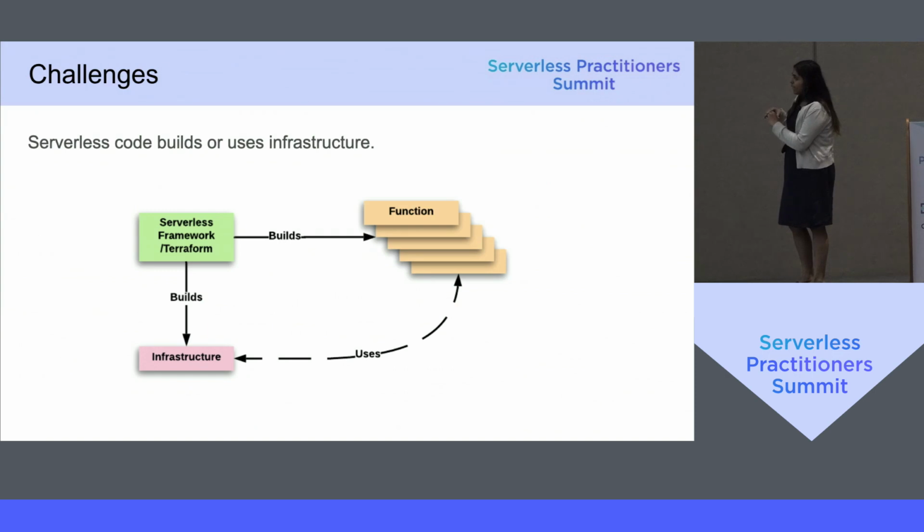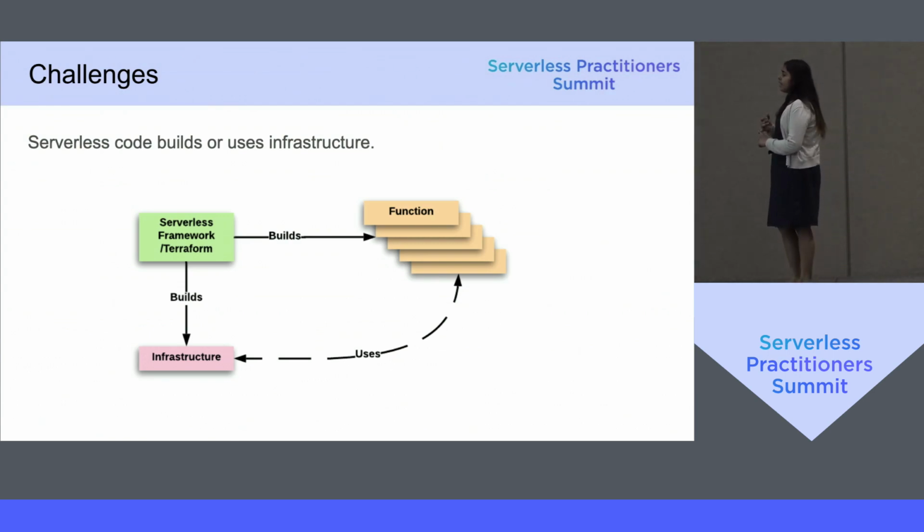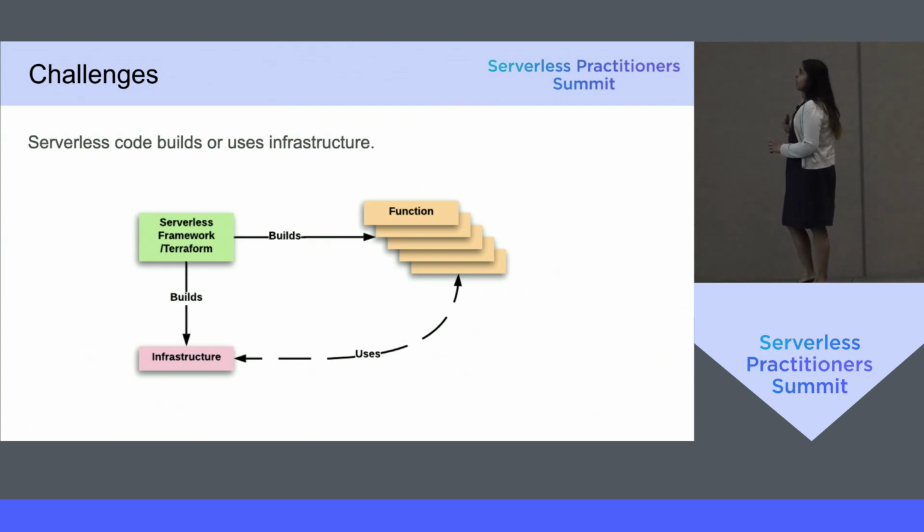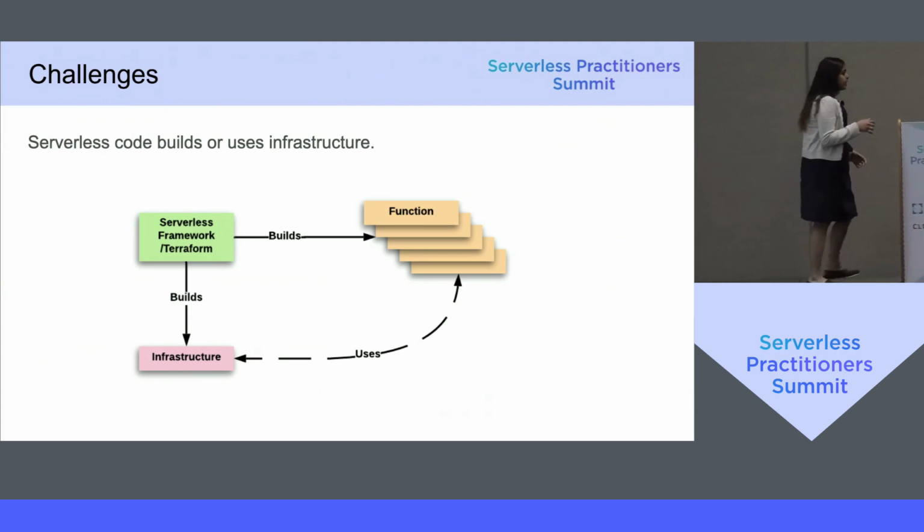Then your functions will use the infrastructure, whether as an event trigger, or as an infrastructure resource, or through some kind of library. Let's say you have DynamoDB and you're pushing to a table or something like that.